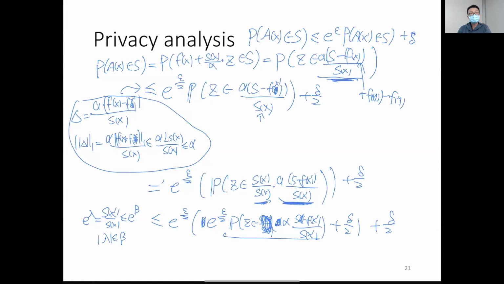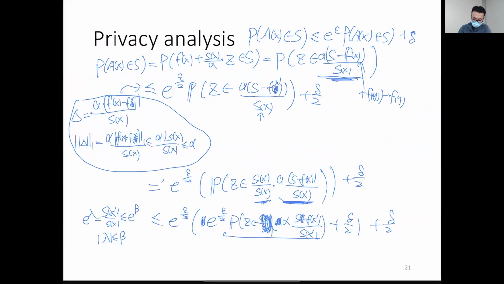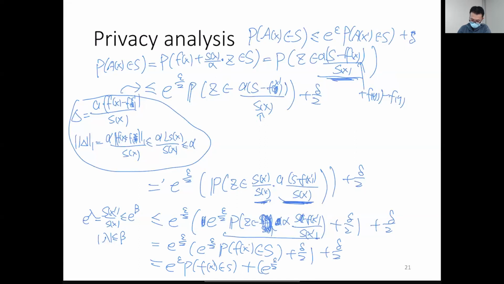And if I just move things around, I can multiply this x prime to the other side, and this simply becomes e to the power of half epsilon, e to the power of half epsilon, the probability of f x prime inside S plus half delta plus half delta is equal to e to the power of epsilon times the probability of f x prime inside S plus e to the power of half epsilon plus 1 times delta, right?